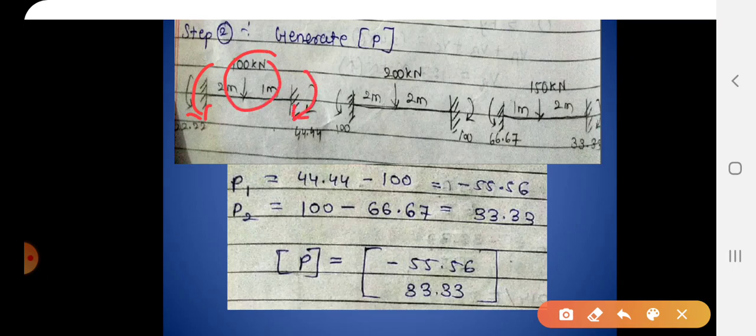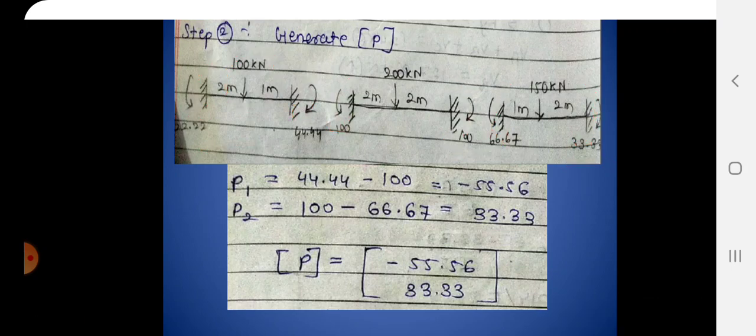Then MFBA will be plus PA square B by L square. Then MFBC will be due to central point load, minus PL by 8, plus PL by 8, and again for MFCD eccentric point load. So accordingly you will have the values. Okay, so values I have written over here for each fixed end moment.